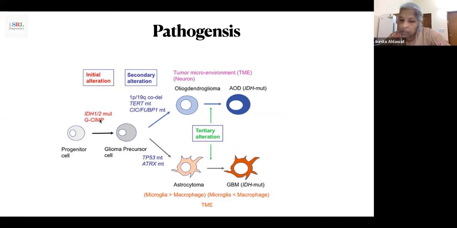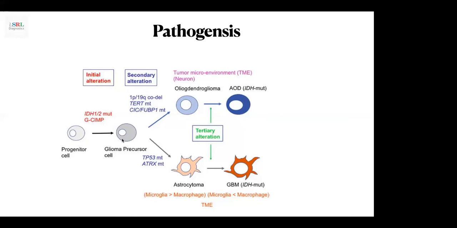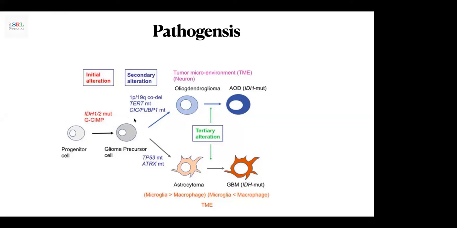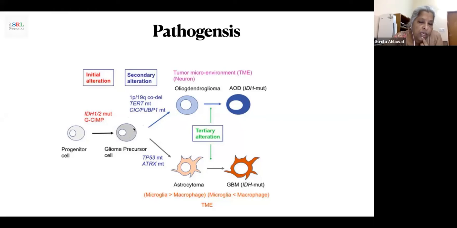When there is IDH mutation, as I have explained to you, we develop this CpG island methylator phenotype, and they predispose or produce a cell which is a precursor of glioma cell. On top of this initial alteration, there are two ways this tumor can progress.